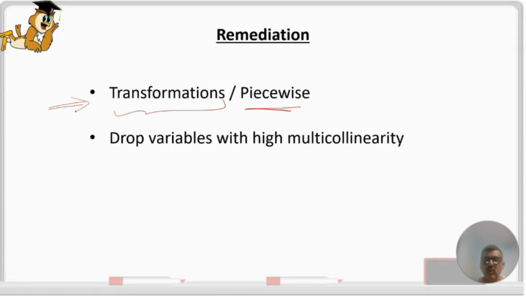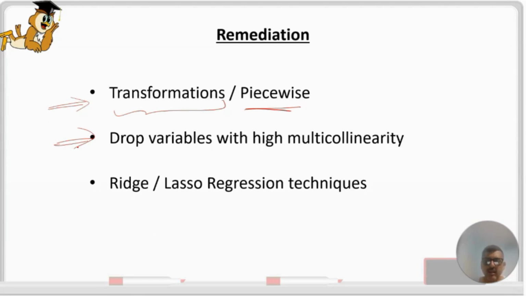If you have multicollinearity, you could drop variables with high multicollinearity. Like I said, if x3 had a linear relationship combined with x2, x7 and x9, you could just drop x3 from your regression entirely, because the behavior of x3 could be captured in terms of x2, x7 and x9 in any case. That's one thing you could consider.